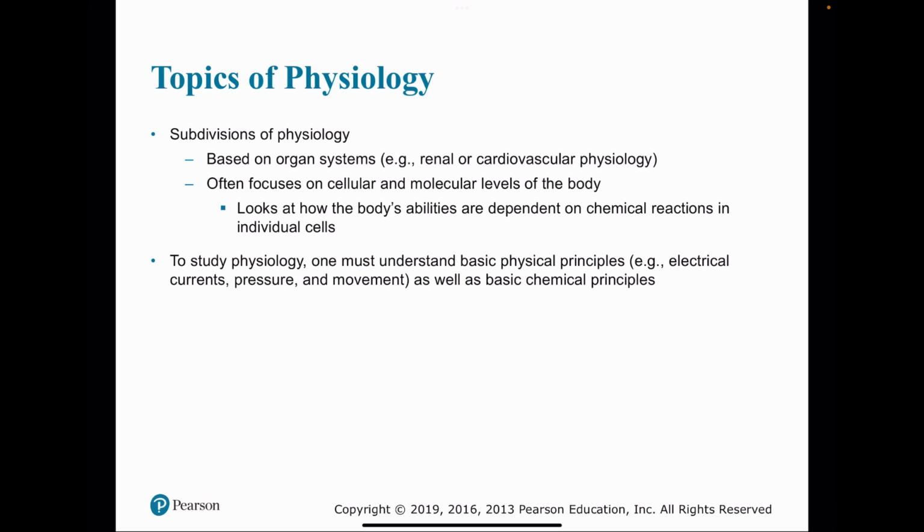Often physiology is going to focus on cellular and molecular levels of the body, so it's looking at how the body's abilities are dependent on chemical reactions in individual cells. So again, getting down to that cellular level. To study physiology, one must understand basic physical principles, so electrical currents, pressure, movement, as well as basic chemical principles.